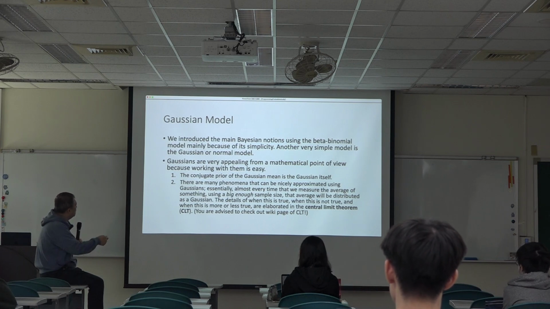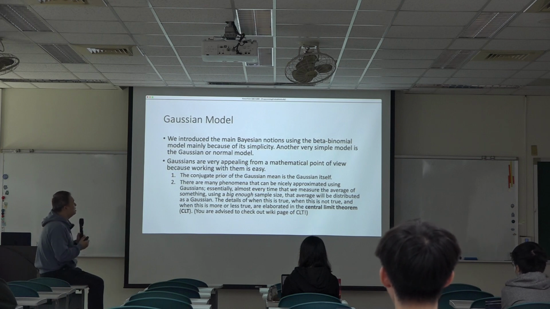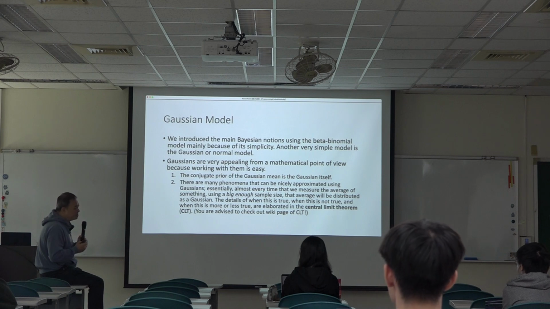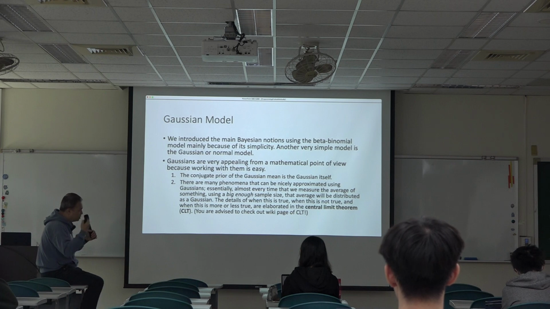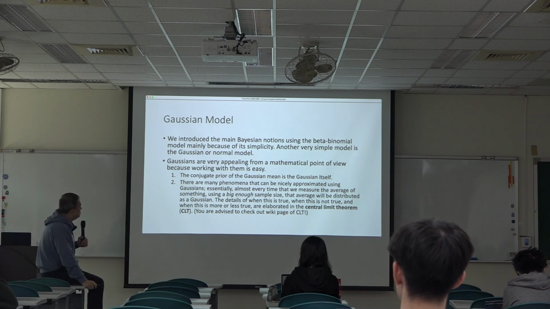It's just because this model is very simple, easy to understand, and it happens to have a conjugate prior that we can show, not only with a grid approach, but also with the conjugate prior. Okay, but there's another simple model that we can consider. Okay, obviously it is the Gaussian, or what we call the normal model.